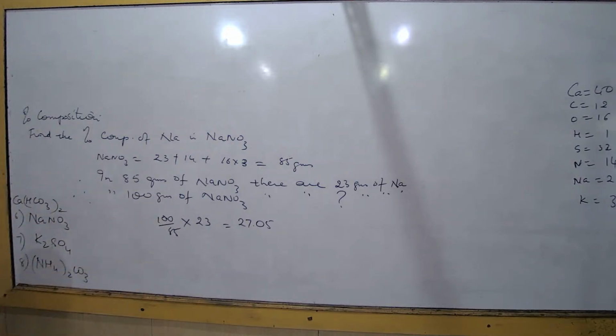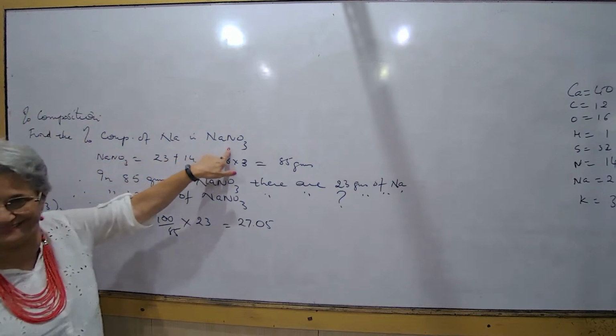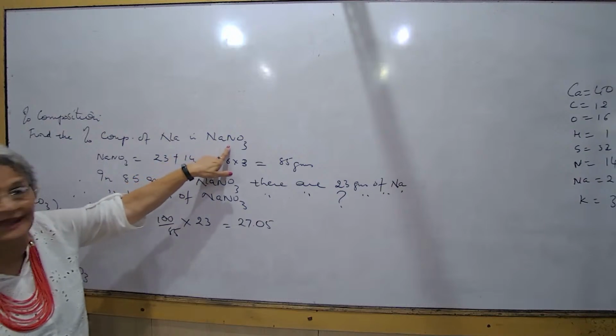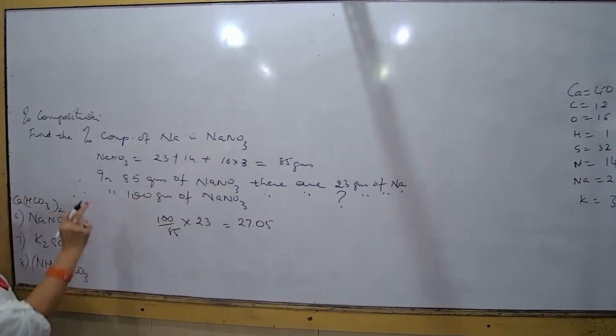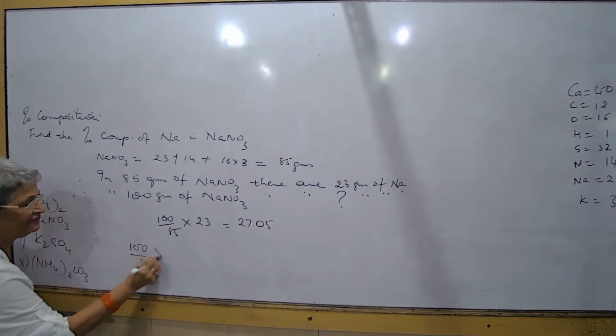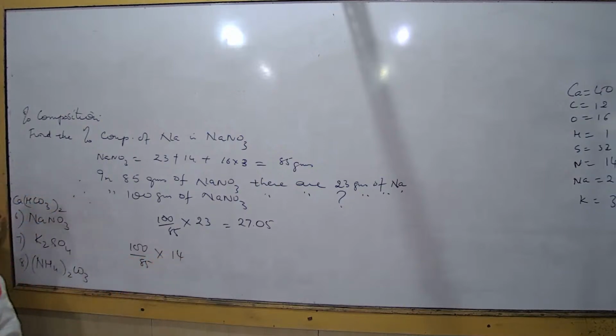Suppose I tell you find out of every element. We take nitrogen. So nitrogen is how much? Can you say 100 upon 85 multiplied by 14? Nitrogen is 14.